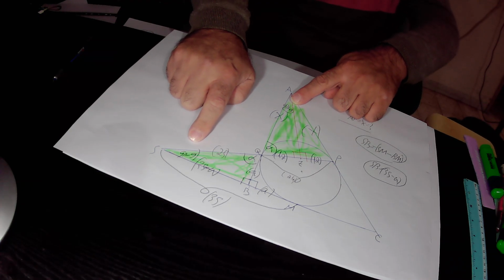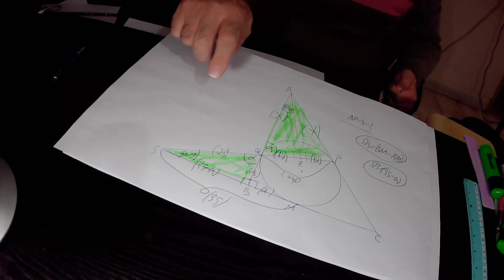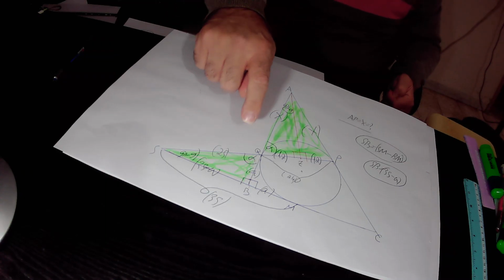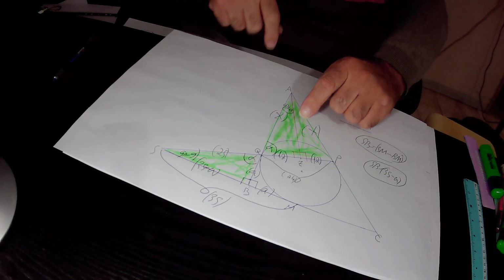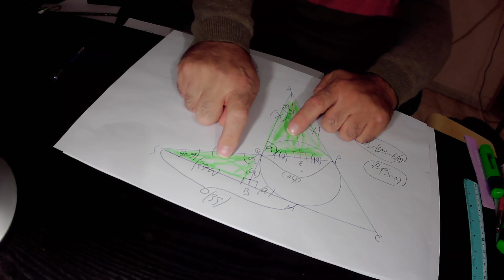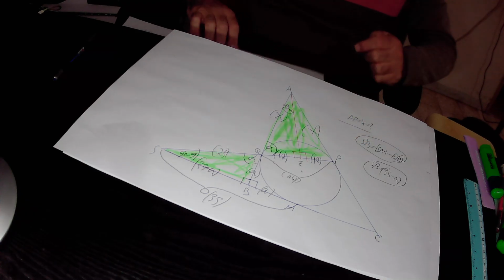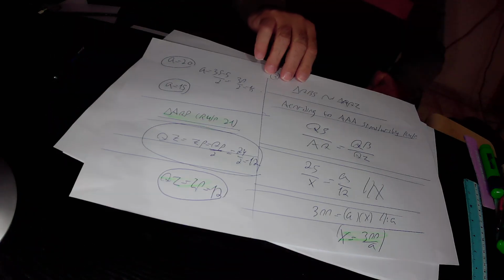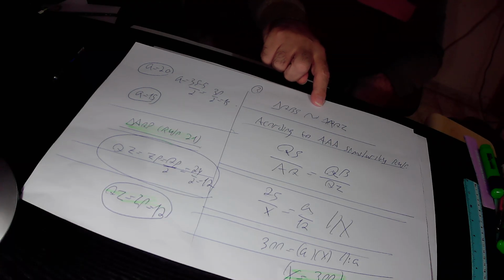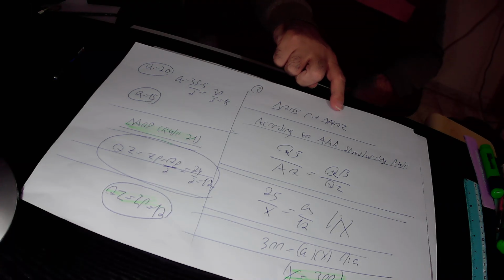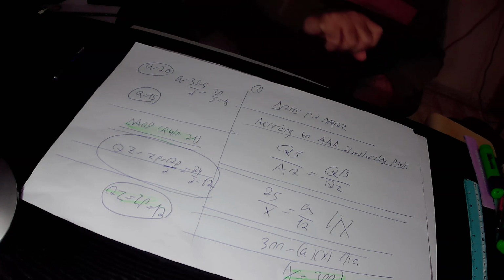So the small triangle QBS is similar to the big triangle AQZ according to angle similarity.